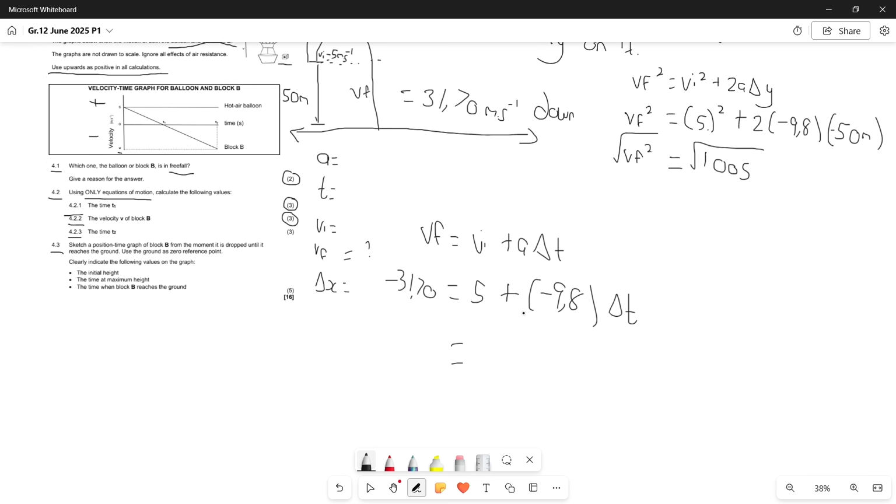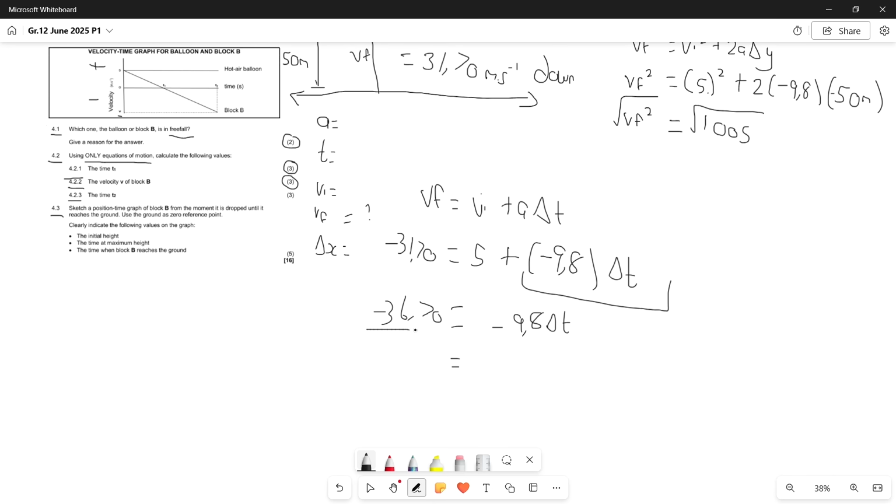So at this stage, these two are multiplying, so we're going to deal with them last. So we can take 5 over and make it a negative 5. So we have negative 36.70 equals minus 9.8 delta t. Then we can go ahead, divide by negative 9.8 on both sides, and our final answer for delta t over here is 3,74 seconds. Okay, and that just earned us another 3 marks over there.